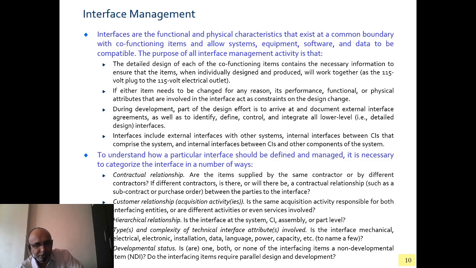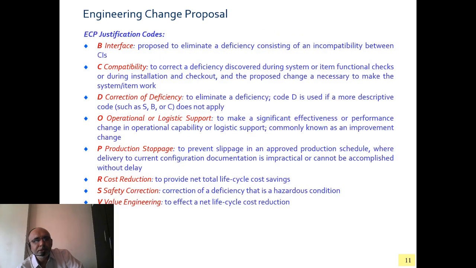Developmental status, whether these items are being done or not, that monitoring has to be worked out. So ECP, engineering change proposal: you will be checking out certain CIs, modifying them and writing them back through the check-in sequences. There are certain short forms: BCDOPRSV.